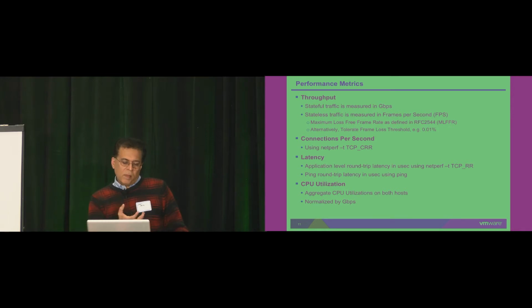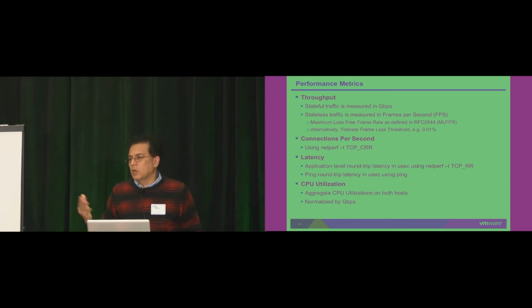So you can set a maximum loss threshold of say 0.01%, which is acceptable in some applications. It may not be acceptable if you're doing NFV for a telco, but that's something you can play with. But of course, these numbers should be reported when you report your throughput. It's part of the methodology.